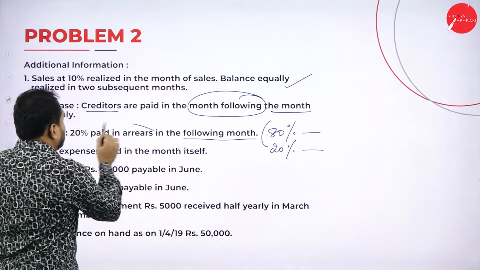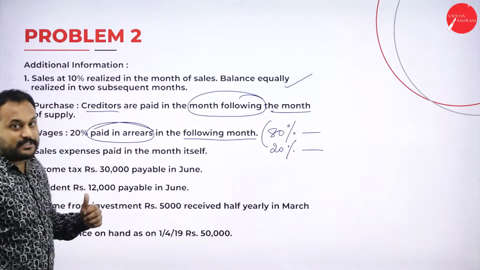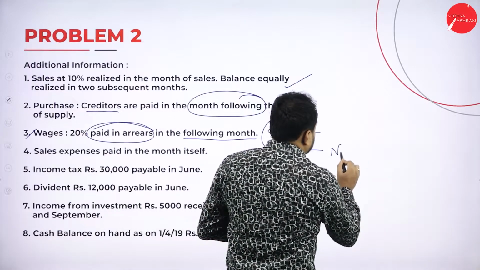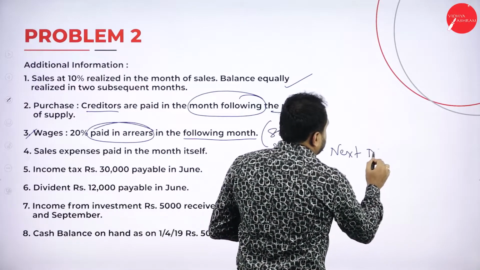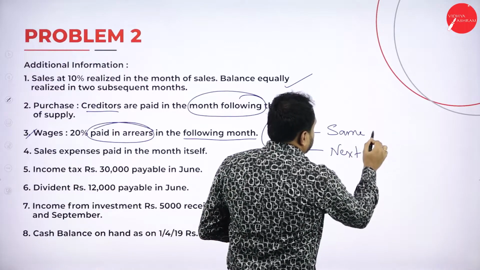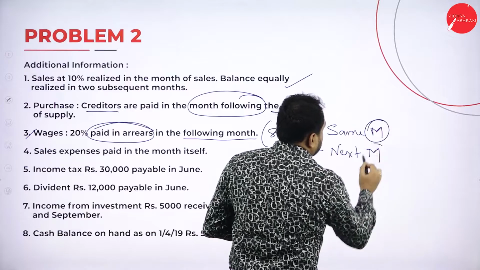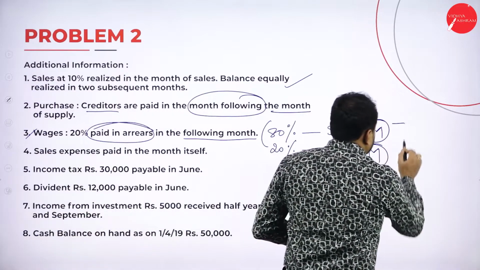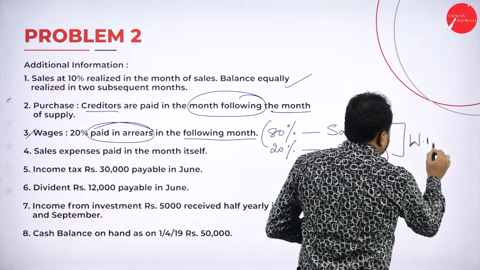Now in that 100%, what they have done is the breakage, that is 80% and 20%. What is this payment in arrears in the sense? That is, there is a delay in payment. That is the 20% of whatever they have delayed, that will go in the next month. And that 80% in the same month. So again, we are supposed to go with a proper working note.